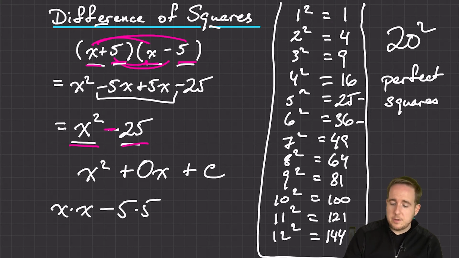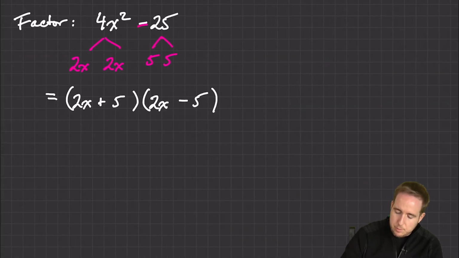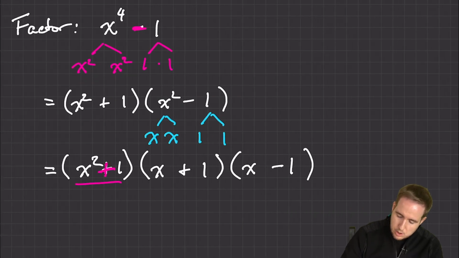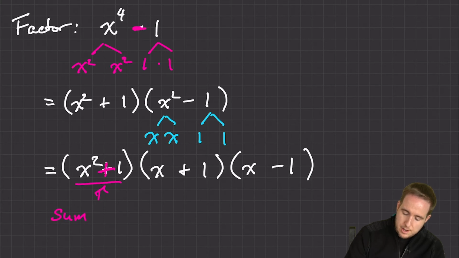And in doing this, you have not come up with one which has a plus sign in it. So as far as our rules go, difference of squares is a rule, sum, adding, of squares is not a thing.